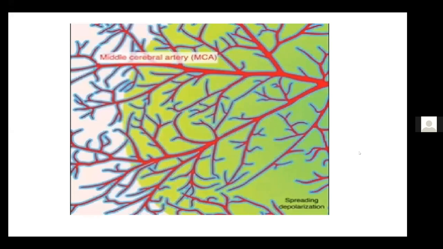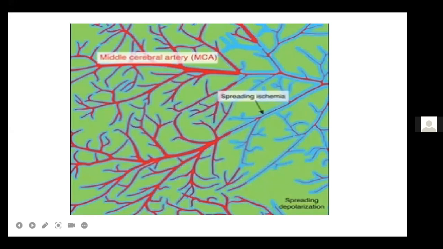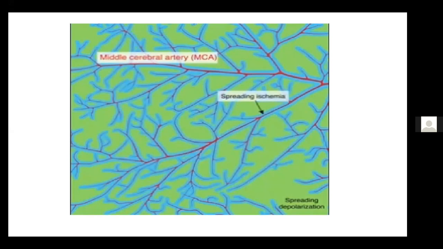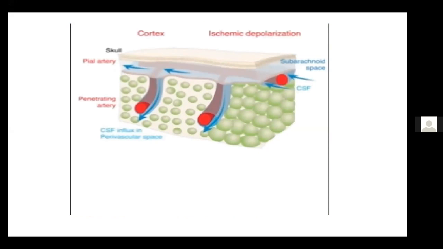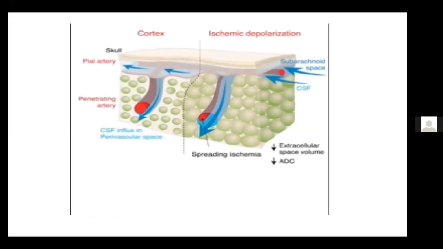So when we use cystostomy and drain CSF, we can reduce the perivascular space pressure, and then reduce the edema.